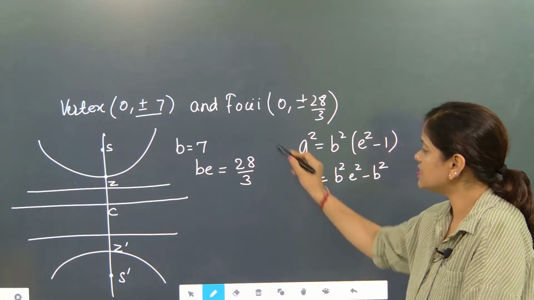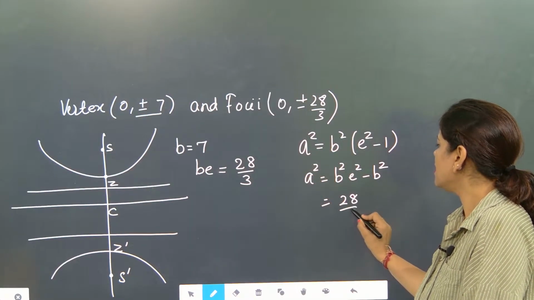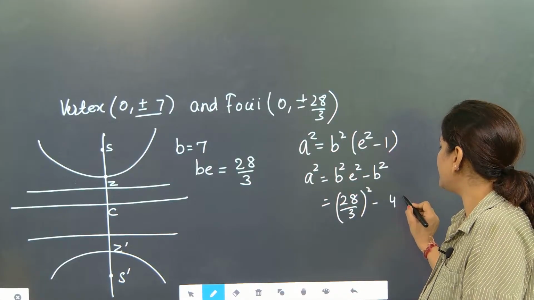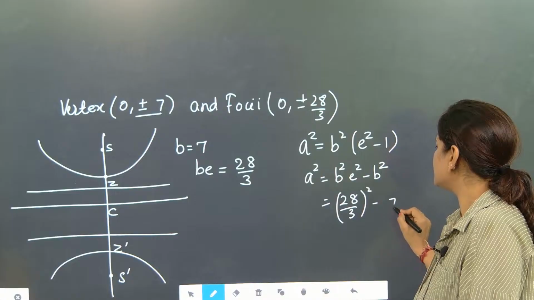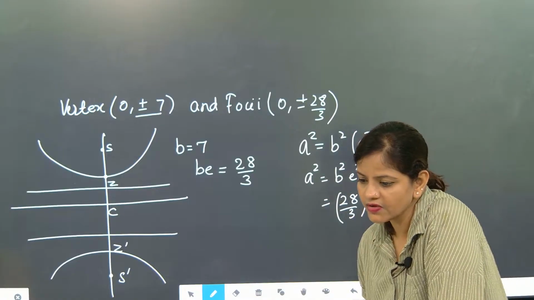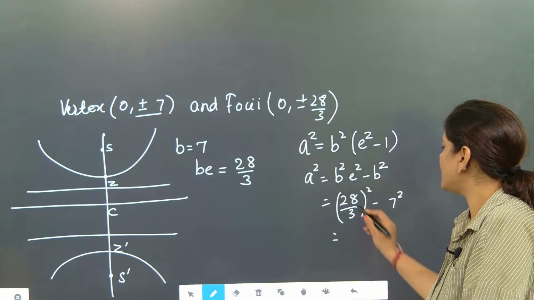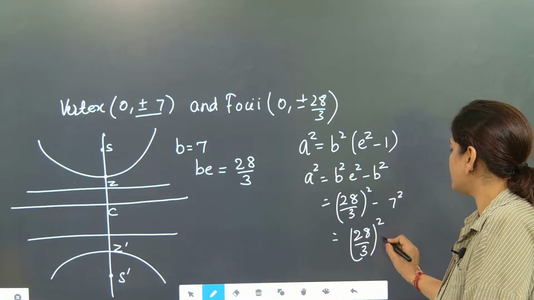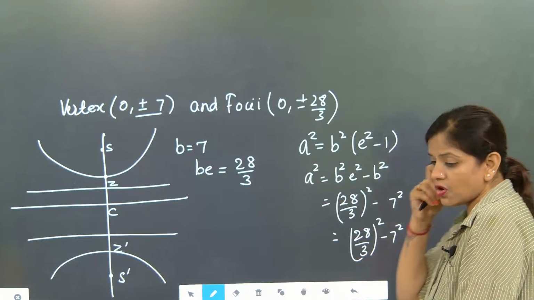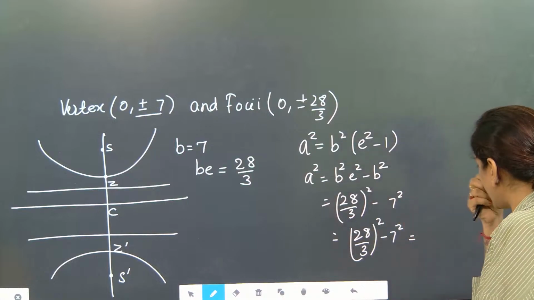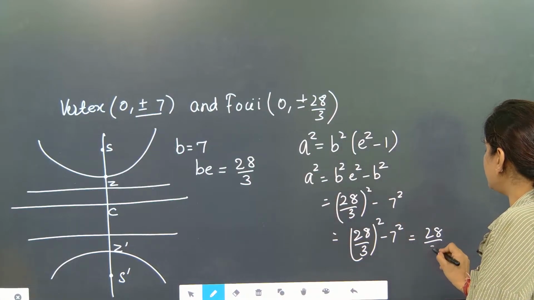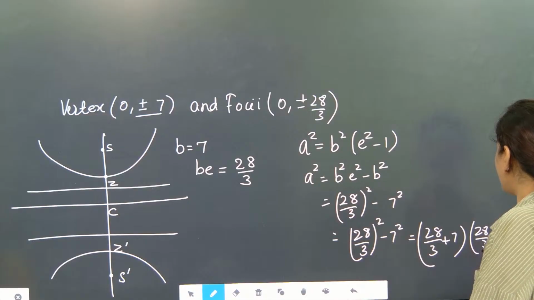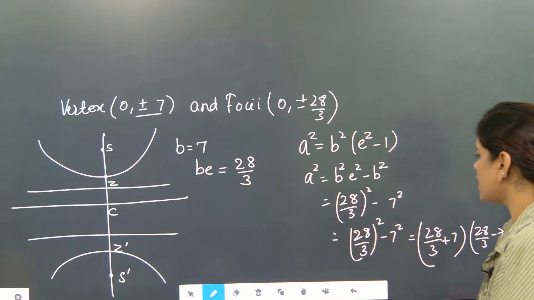BE is this much, so it will become 28 by 3 whole square minus 7 square, and 7 square is 49. In the shortest way we can write it as 28 by 3 plus 7 and 28 by 3 minus 7, using A square minus B square.